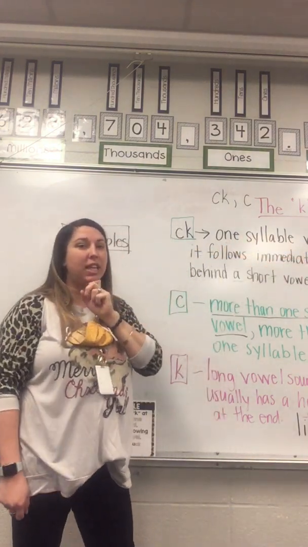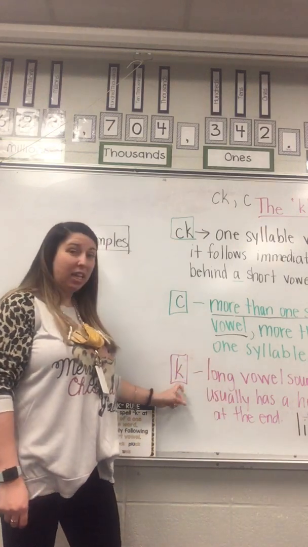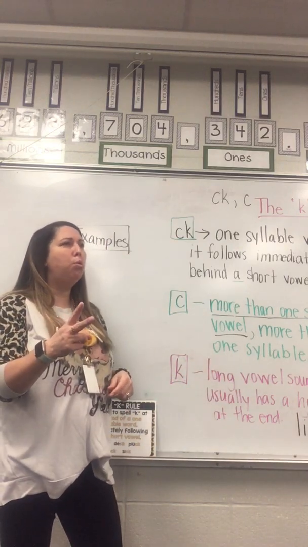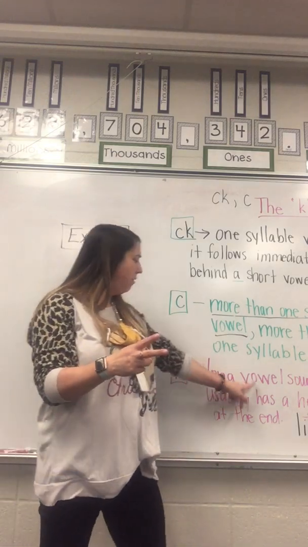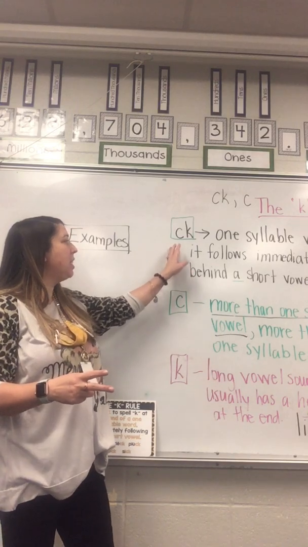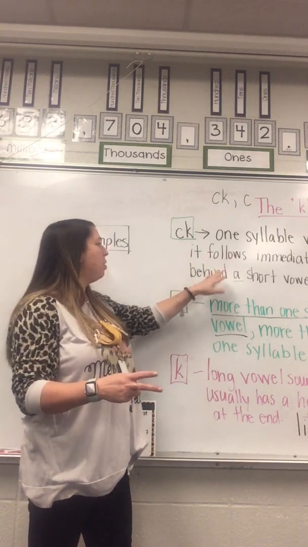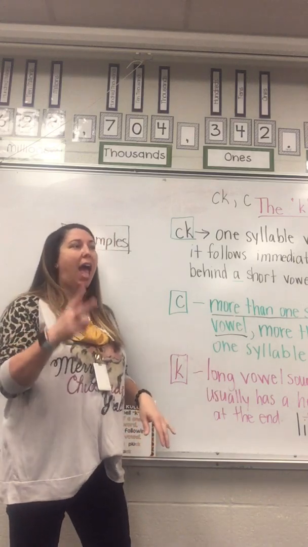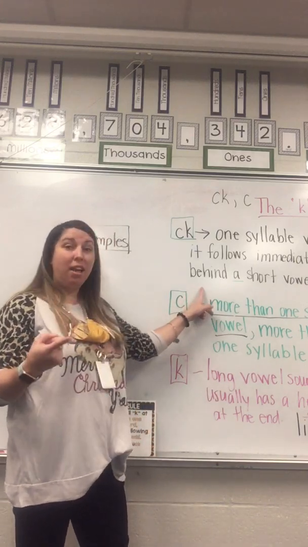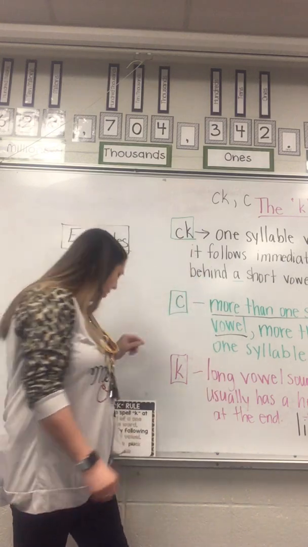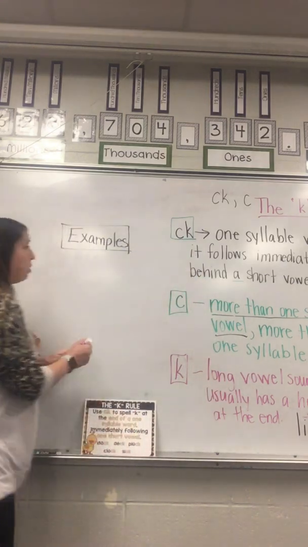Let's also think, am I going to use K? Shack, sh, a, k. K uses long vowels, so I definitely know it's not K. The rule says CK immediately follows a short vowel. Shack, sh, a. The A is a short vowel, so I definitely know I'm going to use CK. So we're going to spell shack.